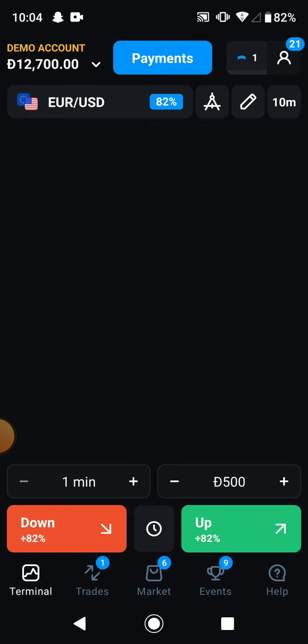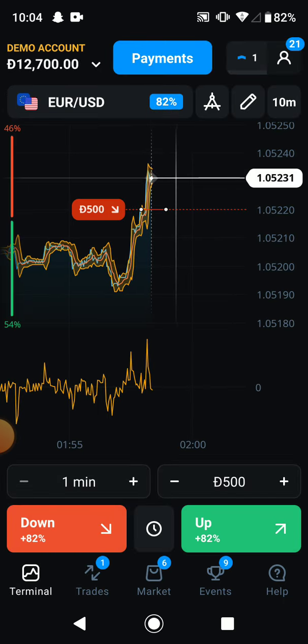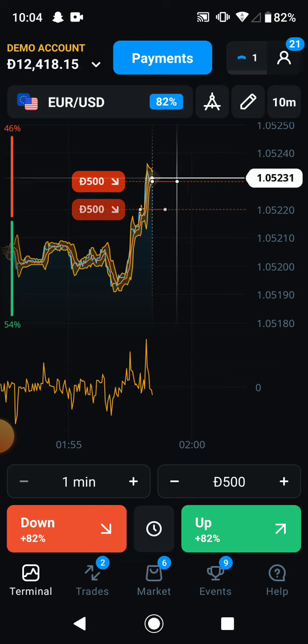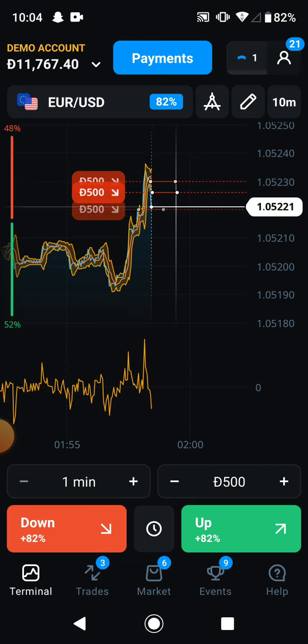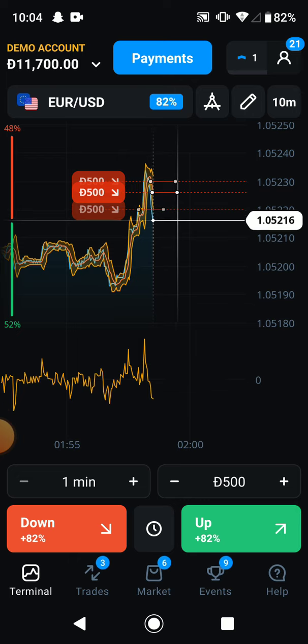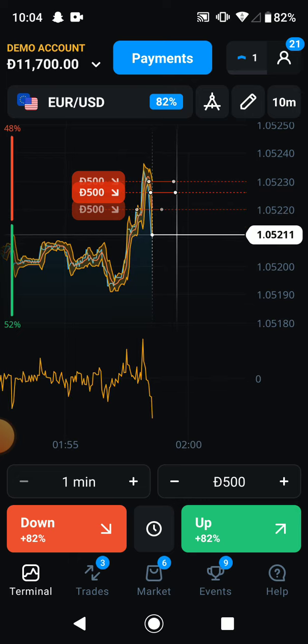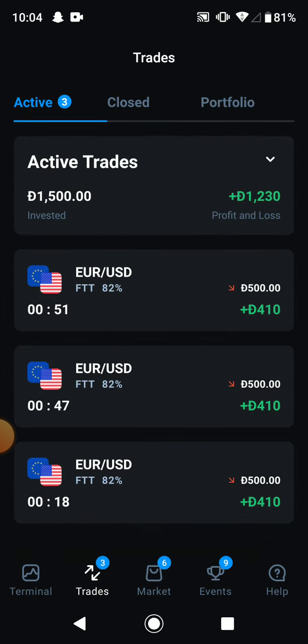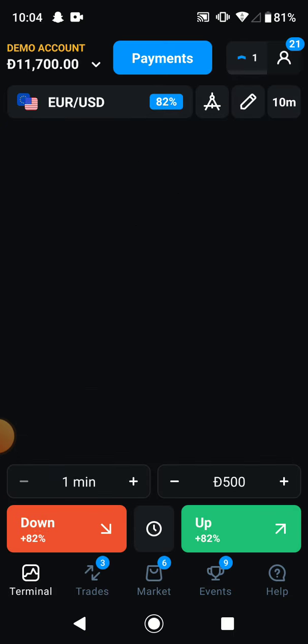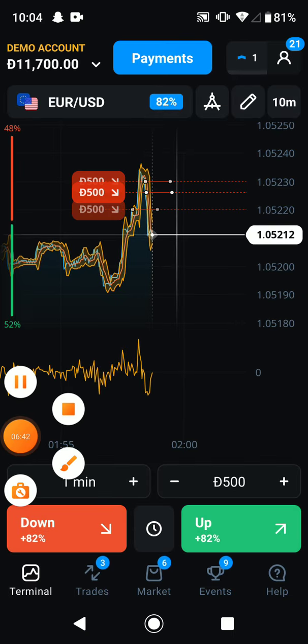Okay, 35 seconds only. Here we go for a sell again, another sell. Okay, let's see guys. The market gone really big down, so all our trades are in profit. We have only 50 seconds to close all our entries.